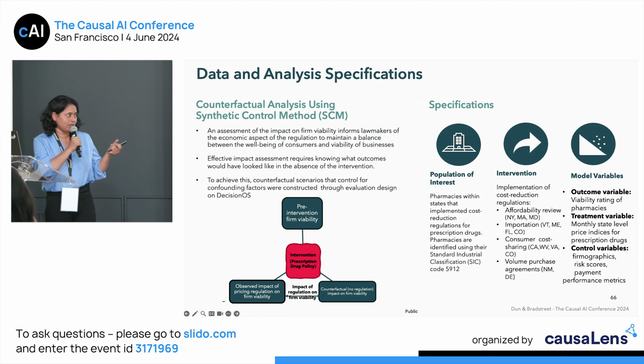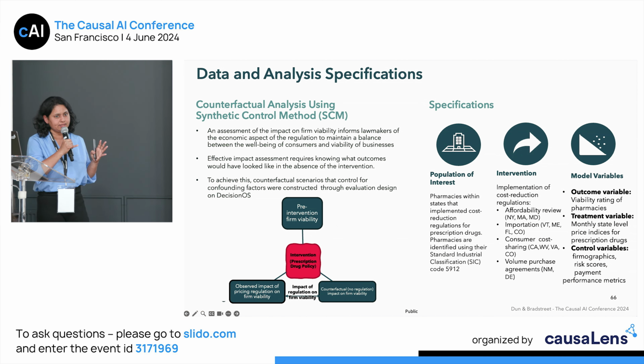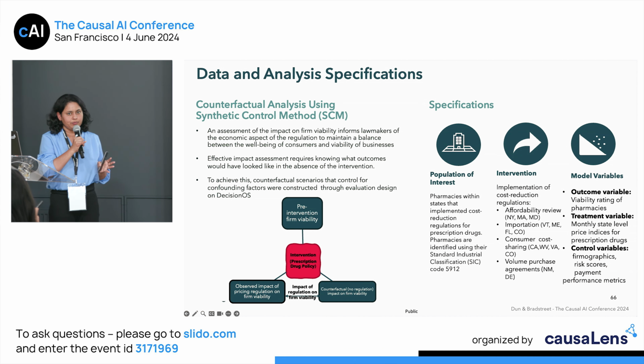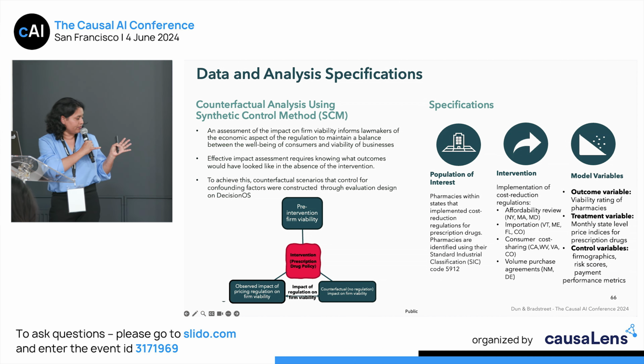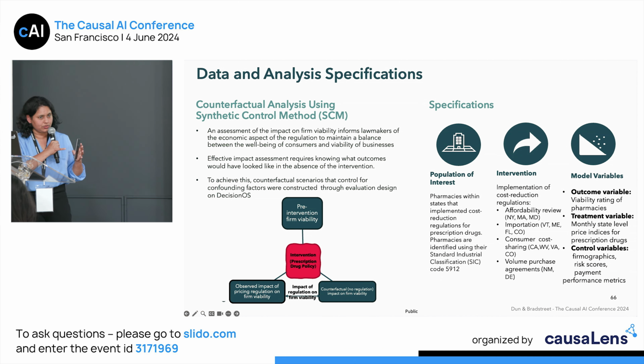What we did on Decision OS is that the synthetic control method took a weighted combination of the control states and created a synthetic, or fictional, control group that we can then compare with the treated state. The behavior of the synthetic control pre-intervention was very similar to the treated group.